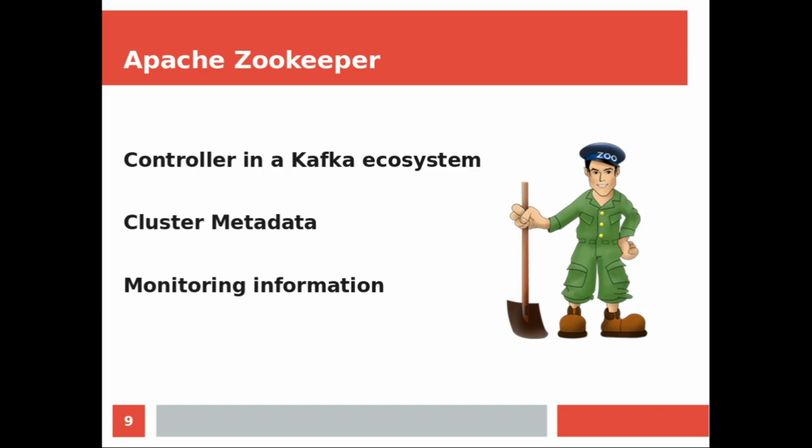For example, what is the health of our brokers? Do we have some disaster in our system? And also leader election. Leader election basically means when we want to produce data, how Kafka will choose which broker would be responsible for this produced data. That's the simplest way to explain what leader election is.